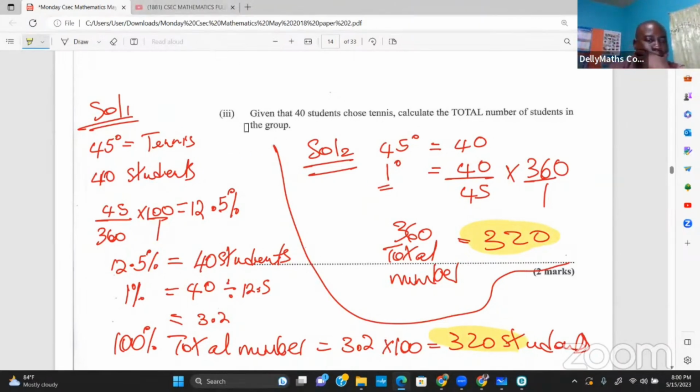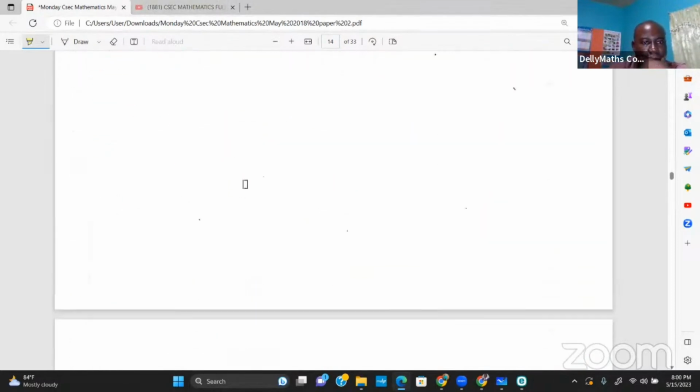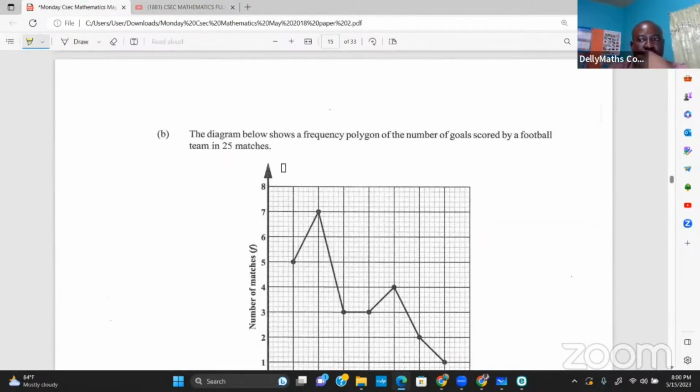I'm going to do the question first. The B part says the diagram below shows a frequency polygon of the number of goals scored by a football team in 25 matches.